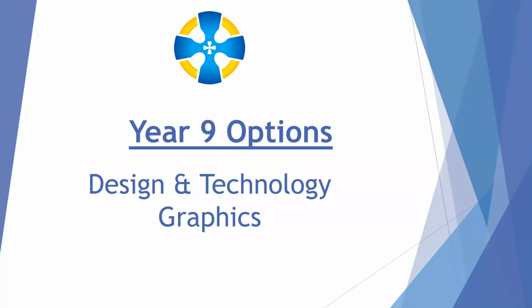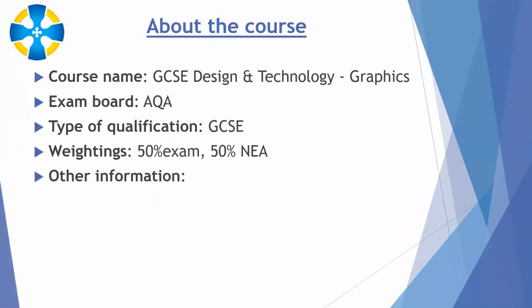I'm just going to spend a few moments trying to explain a bit more about the Year 9 option of Design and Technology Graphic Products. The course is called GCSE Design and Technology, and we would look specifically at graphics and graphic-based materials on our course.